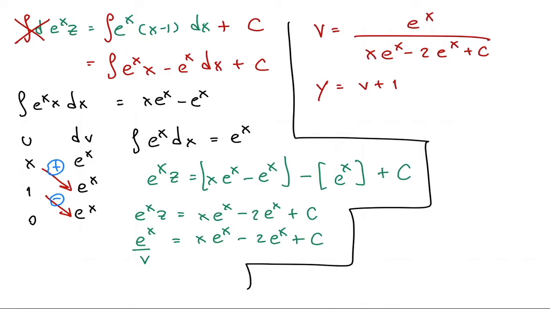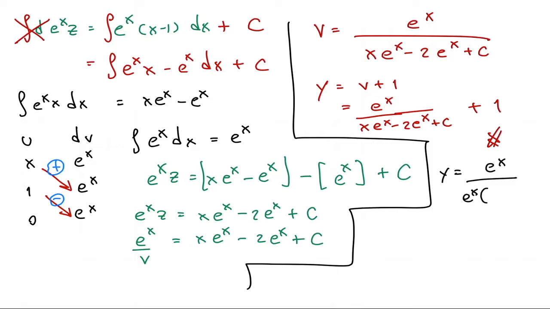Which is e to the x divided by x e to the x minus 2e to the x plus c, plus 1. Okay. If you want, it's done here. You can stop here. But if you want, you can make it look a little better by doing this. E to the x, and here is e to the x minus 2 plus c e to the minus x, and then you have plus 1 here, and e to the x here got cancelled out.